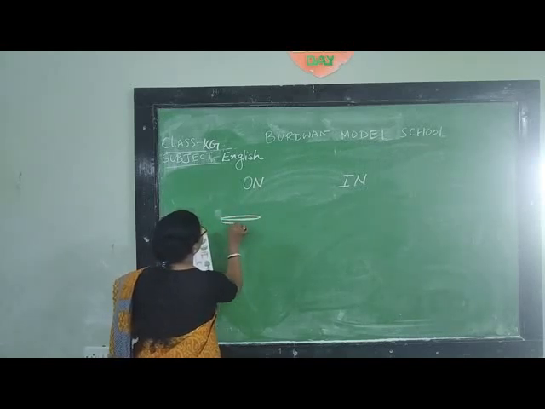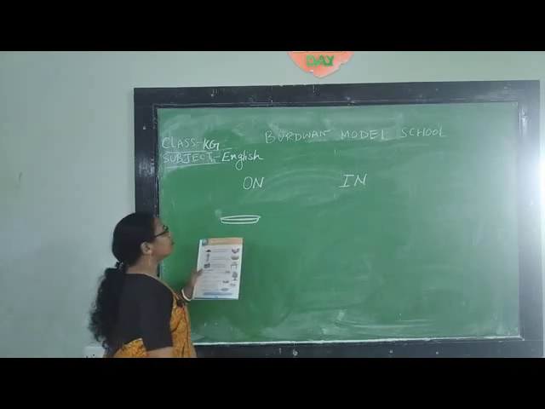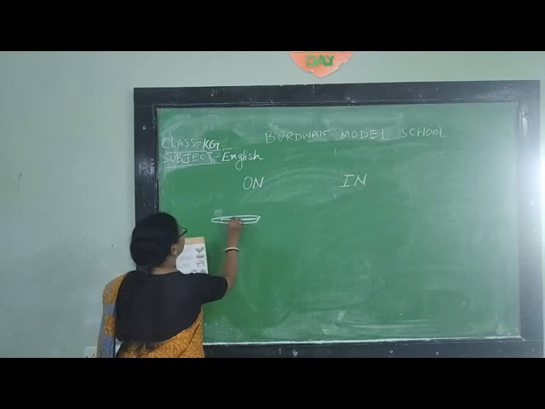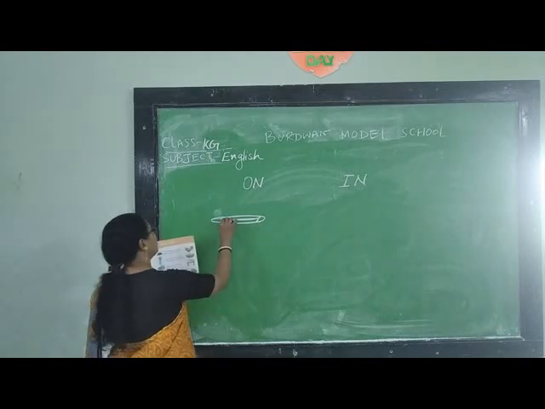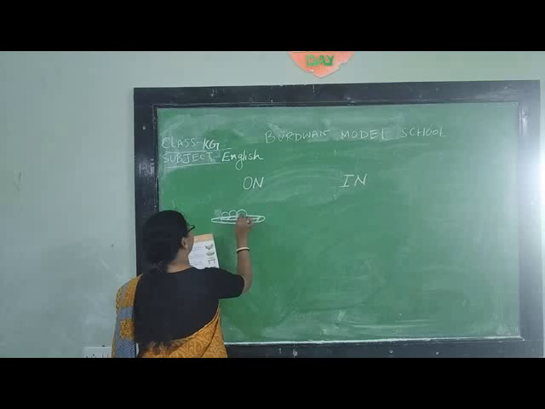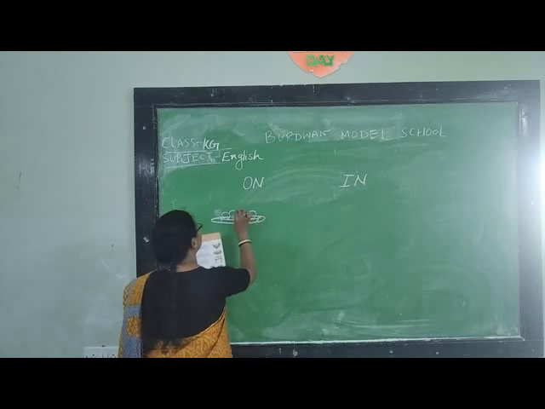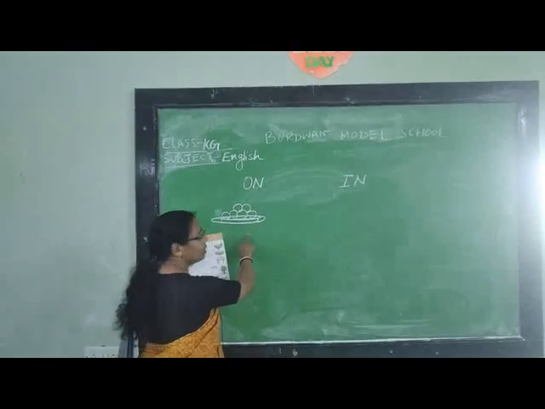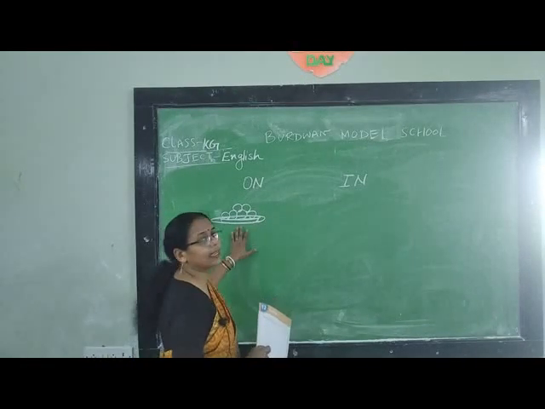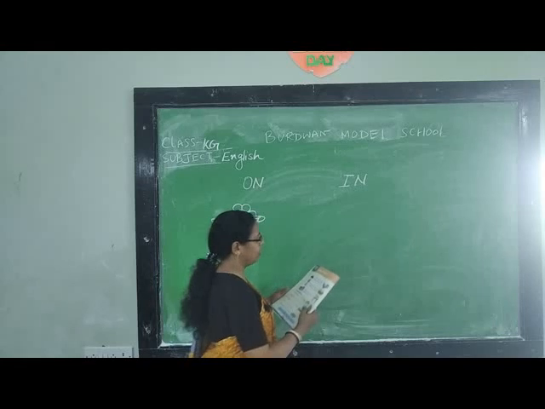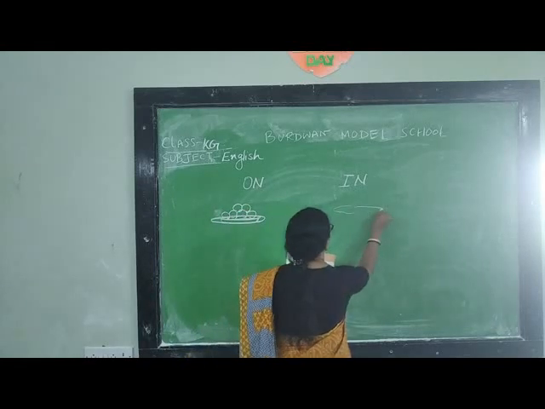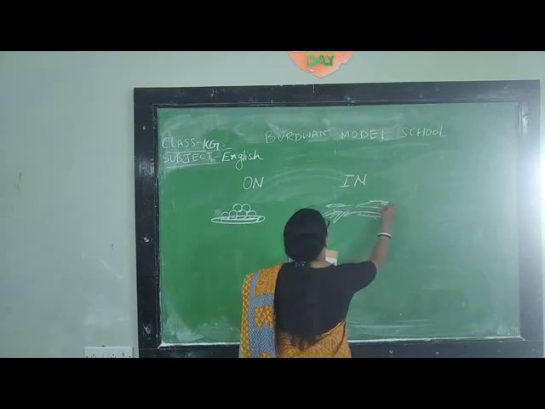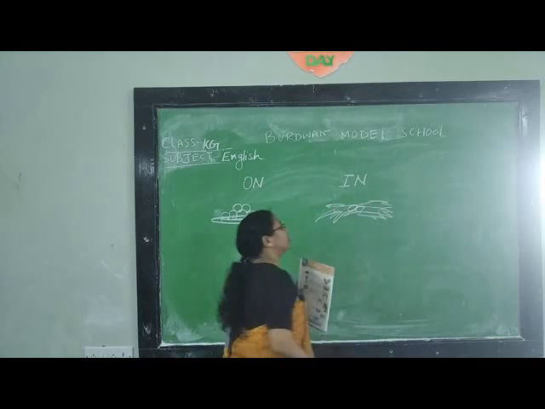This is the plate, and this plate does not have such depth, and the sweets are visible. We can see the sweets. So the sweets are kept on the plate. Next is a nest, and some eggs are visible over here.